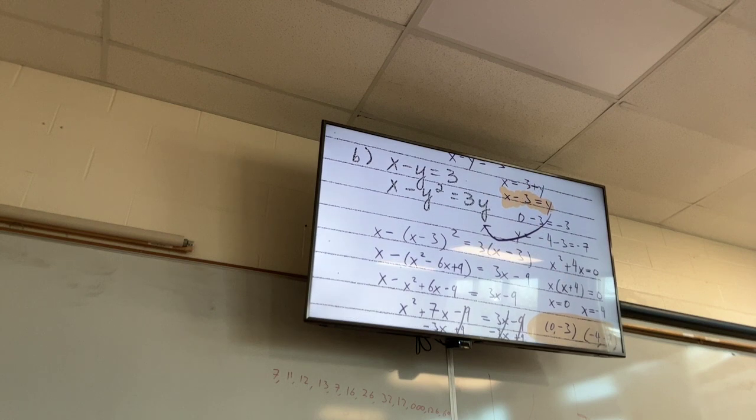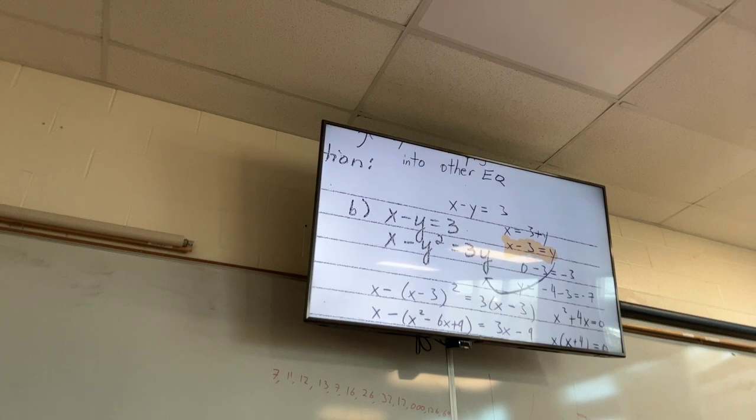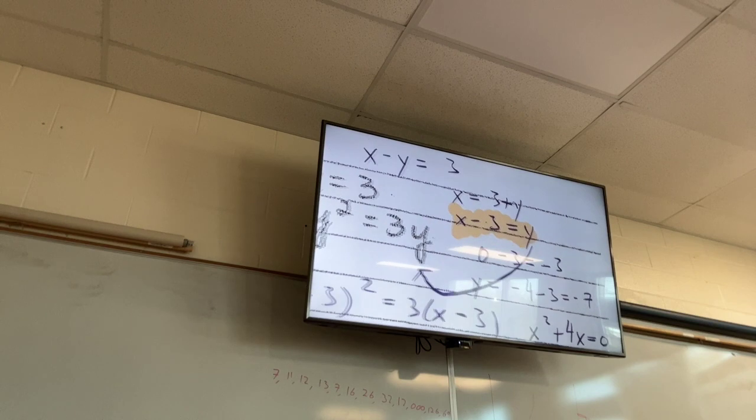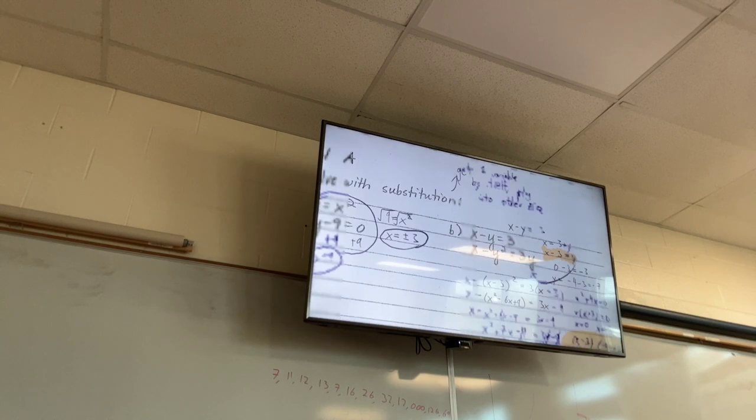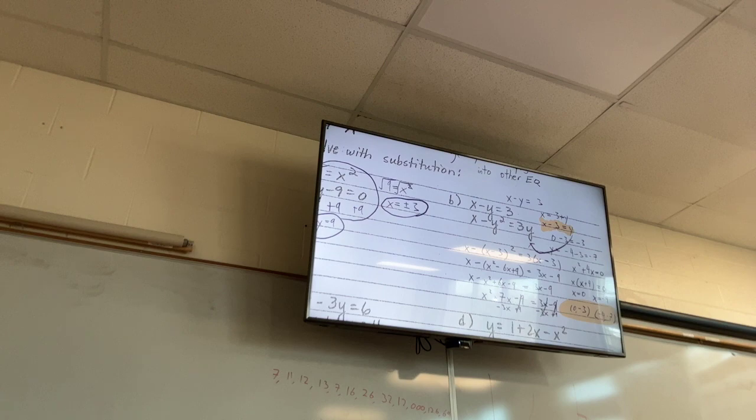And then similarly, I only get -7 for y when I plug this x equals -4 up here. Does that make any sense? So how do you know which one to plug in? Why can't I plug in the other? You could. It would be the same thing. But it's just easiest. All right. Any questions?